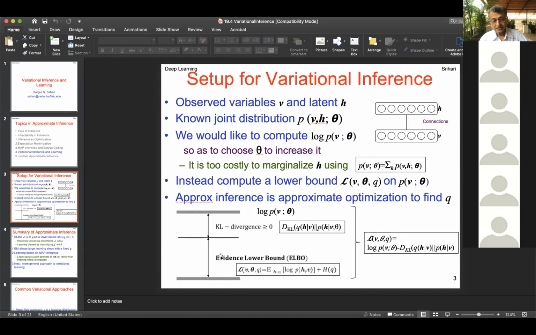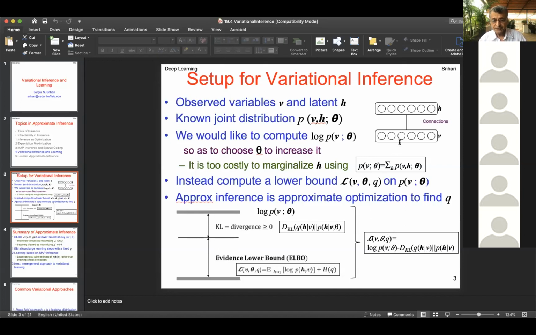So we can say that the evidence lower bound is exactly equal to the log probability. In general, we did algebra and said that this expression is exactly the same as this expression. Note that this equation for L(v, theta, Q) is different from this equation for L(v, theta, Q). In this case, it was in terms of log P(v; theta), which we know what it says, and we know the D_KL. Here, the right-hand side looks quite different. It is the expected value over h drawn from Q of log P(h, v), that is the joint distribution.